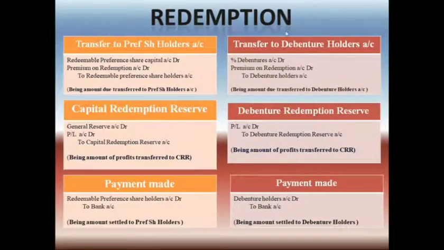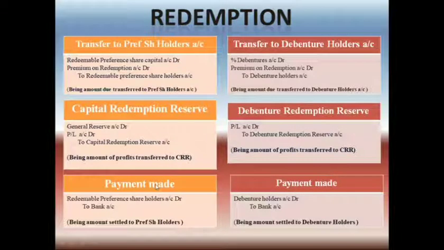The next one is the concept of redemption of debentures. When you repay debentures, you have a journal entry similar to that of redemption of preference share capital. For preference share capital you have basic 3 journal entries. The first journal entry is to transfer the share capital to the shareholders. The second one is to transfer to the capital redemption reserve, and the third journal entry is to make the payment, the settlement journal entry.